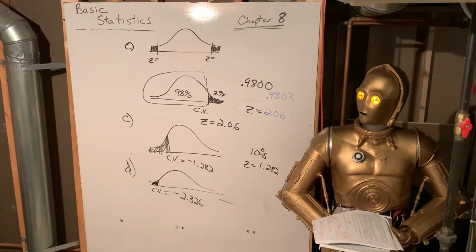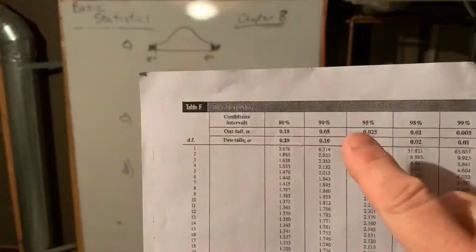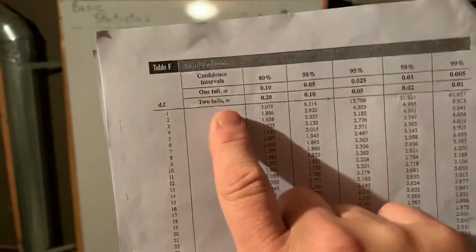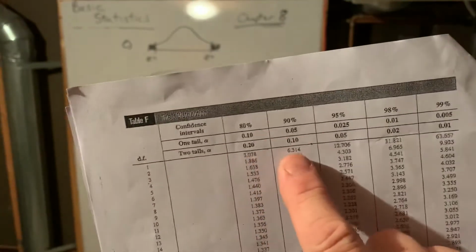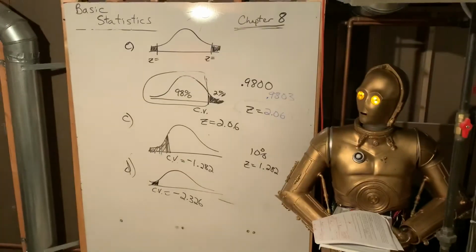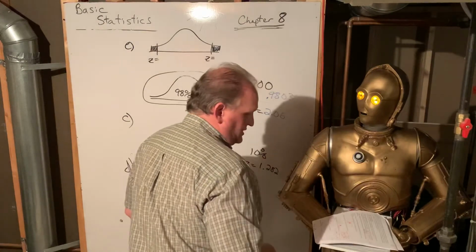So when we go to table F, this time we follow two tails instead of one tail. So two tails, and then follow it over to 1%. 1% two-tailed.